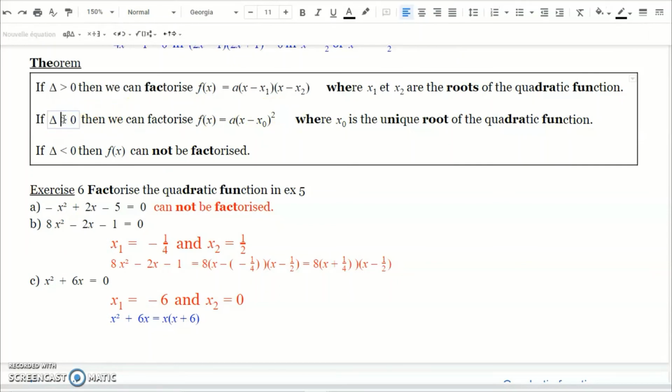There's a mistake here. If delta is equal to 0, then we can factorize by a times x minus x0 all squared, where x0 is the unique root of the function. And if delta is negative, then f of x cannot be factorized.